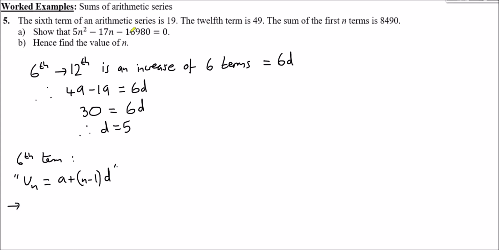So if we're looking at the 6th term, and the 6th term we're told is 19. We can work out what the first term is. So 19 equals a, whatever the first term is, plus d, 5 lots of n minus 1. So the 6th term, that means 6 minus 1.